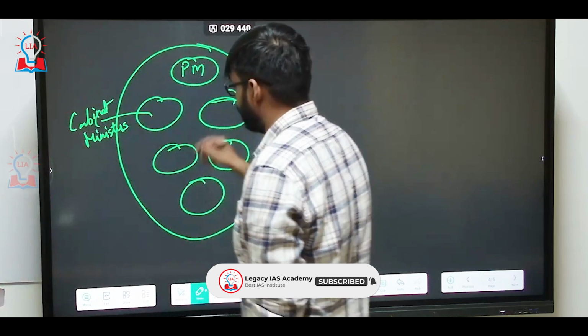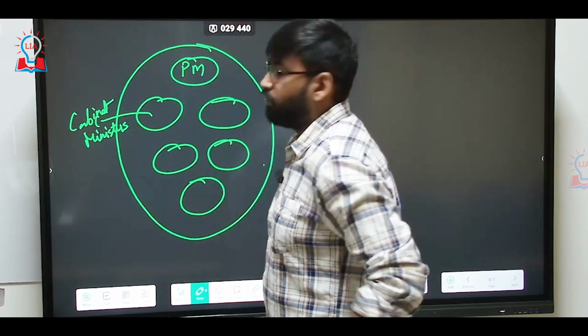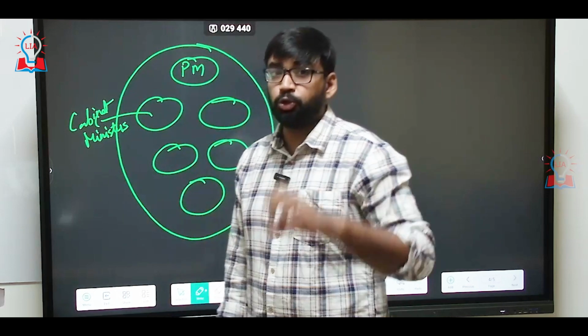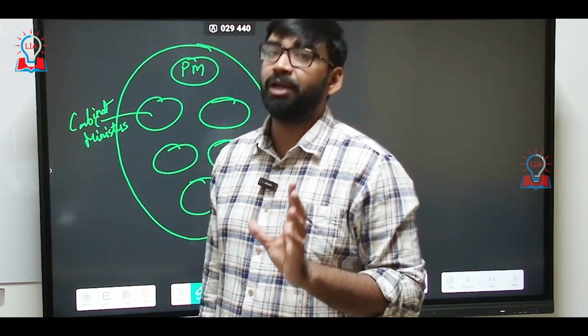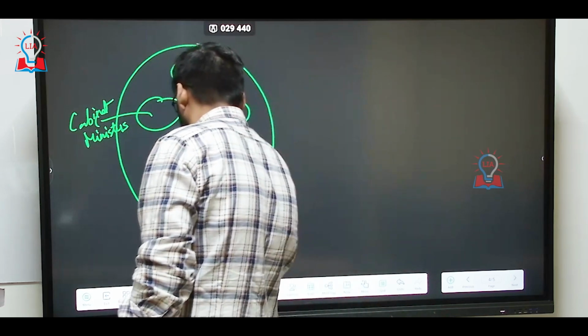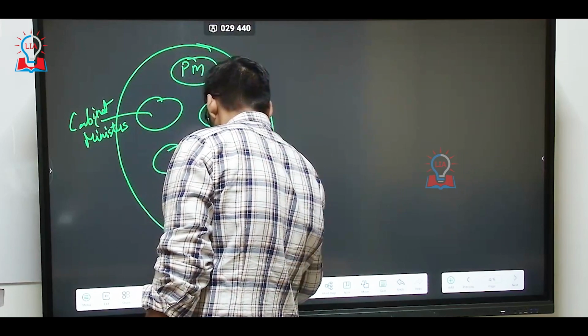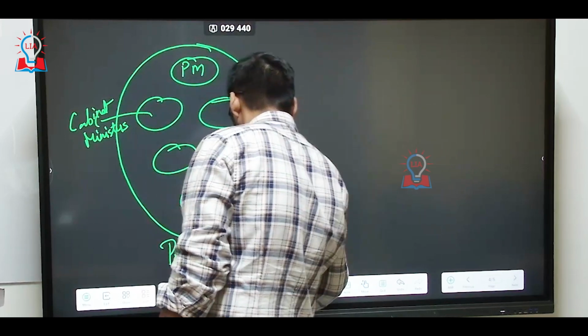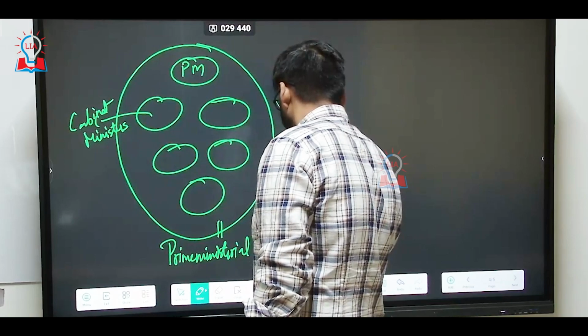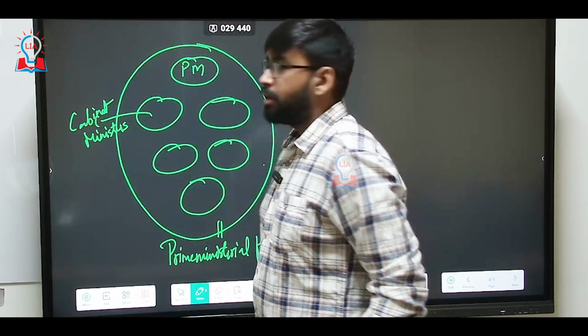Okay, all these are cabinet ministers. Now, let me tell you, when the prime minister dominates in the cabinet, that kind of government is called the prime ministerial form of government. Clear?